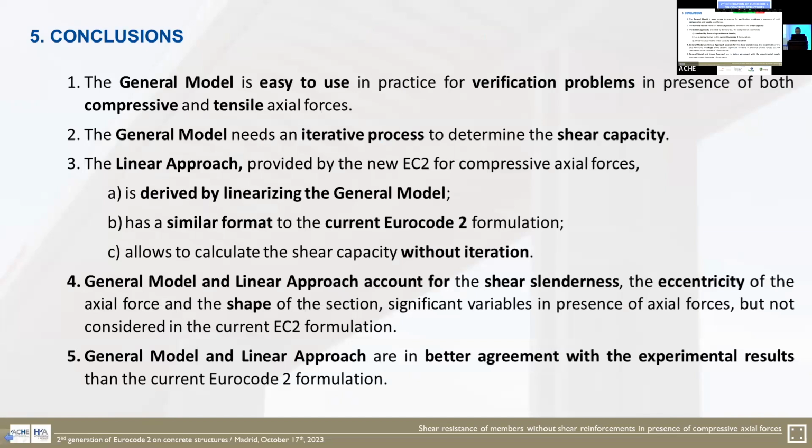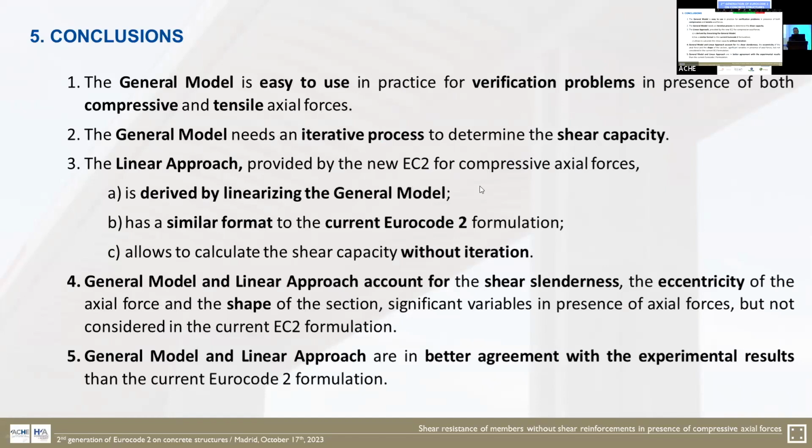In summary, we can highlight the main conclusions. The general model is easy to use for verification problems in presence of both compressive and tensile axial forces, but needs iteration to determine the shear capacity.